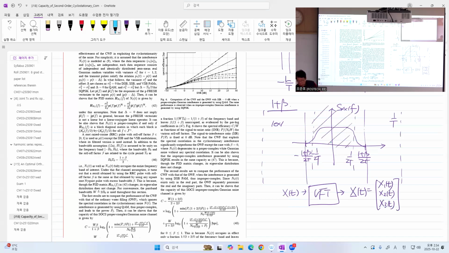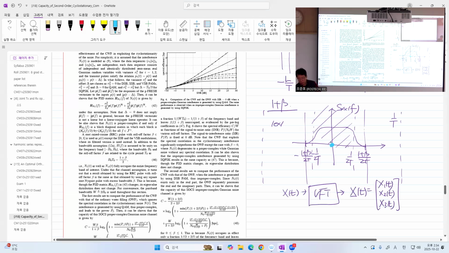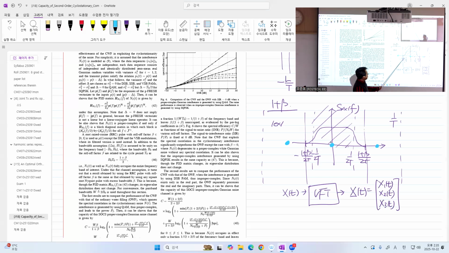For the offset 0, this signal component and that signal component and that signal component will appear. However, we said the signal is band limited to plus minus 1 plus beta over 2T, which means that in effect, even though the signal appears to be three-dimensional in the time domain, in the frequency domain, what?